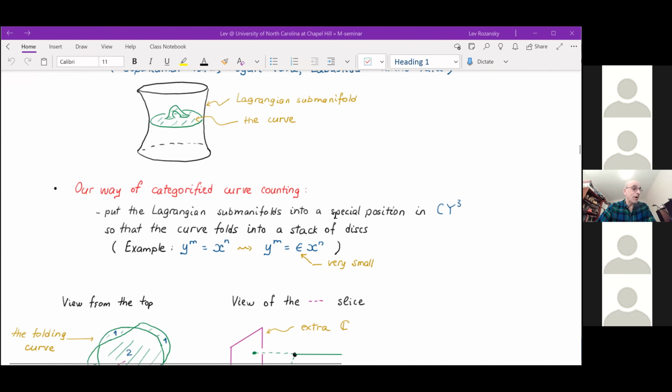Sorry. So our way of curve counting from the string perspective is to put Lagrangian submanifolds into a special position so that the curve folds into a stack of disks. An example would be a singular curve that you're familiar with, y to the m equals x to the n, which corresponds to a torus knot.